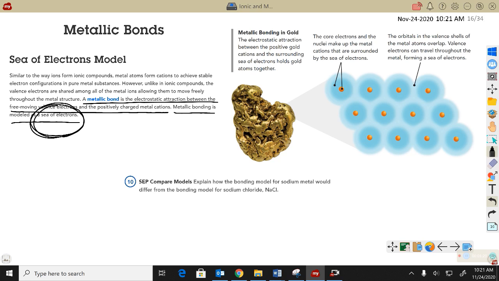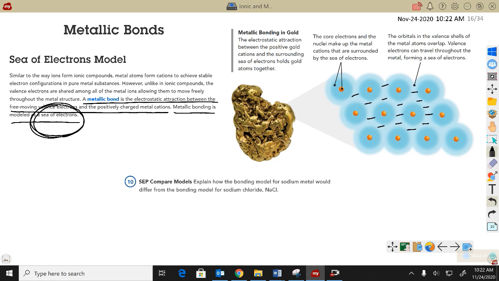It's the valence electrons that can move, and so you've got like this area where there's negative electrons, and it is kind of thought of as a sea of electrons where they're transferred amongst all the positive nuclei.